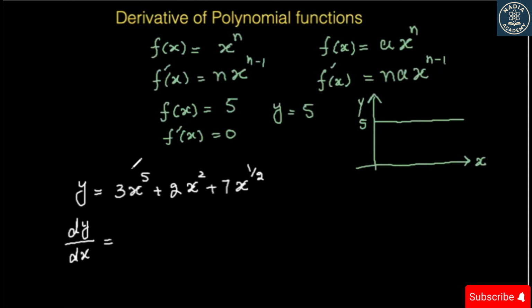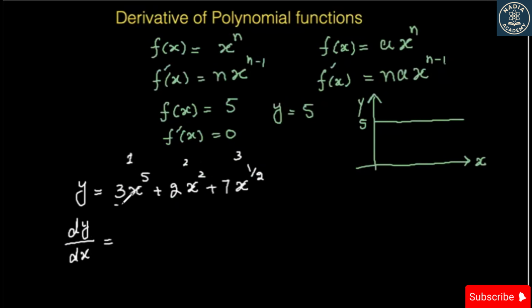You can see that on the right hand side we have three terms, term 1, 2, and 3. So the derivative will be applied on each and every term individually.